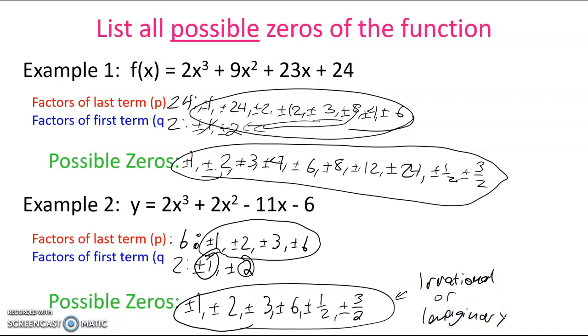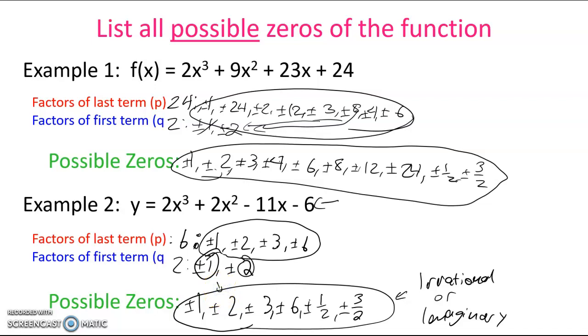So if we found a zero of this function that's not on this list, it would have to be an irrational or an imaginary number. But say for this equation right here, 5 is not going to be an answer. So is 7. So is 8. Those are not going to be answers. I'm only going to check these numbers right here.